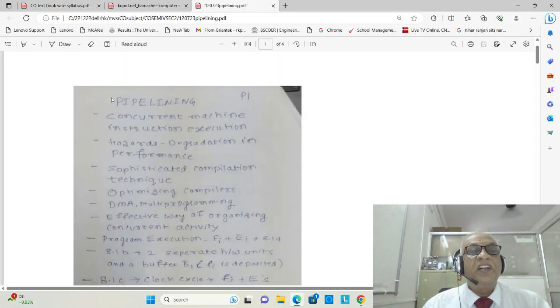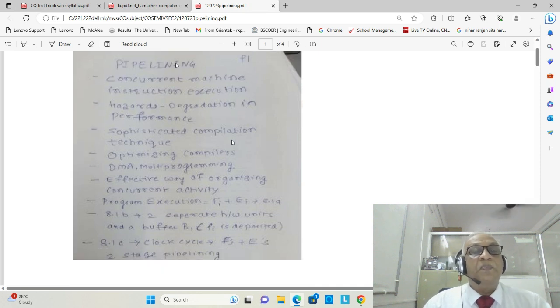When we refer to the word pipelining, we know that the purpose of pipelining is to improve the performance, improve the speed of execution. So pipelining involves concurrent instruction execution. Hazards therein are wherever there is a stall in pipelining, that is a hazard, and a hazard leads to degradation in performance.